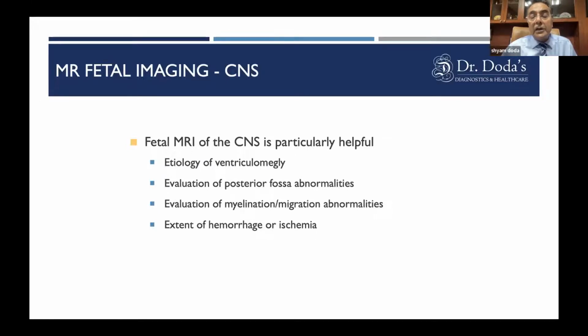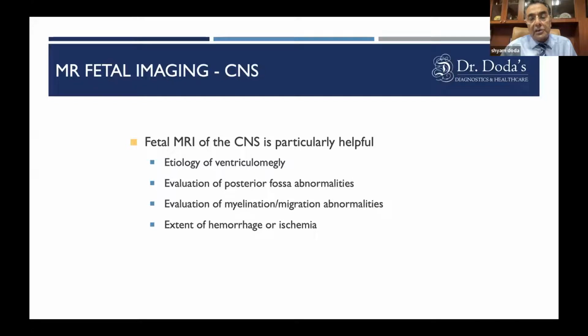And of course, there are myelination and migration abnormalities where there is ectopic cortex, or there is pachygyria or polymicrogyria, and in those areas MR can be really very helpful.